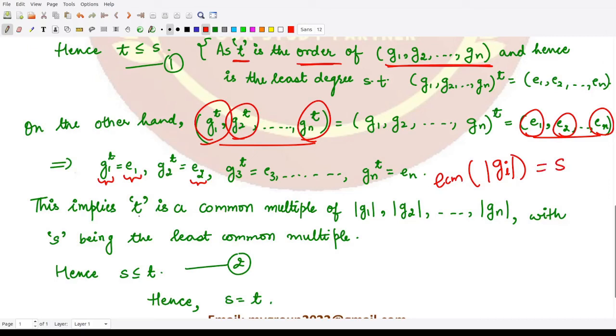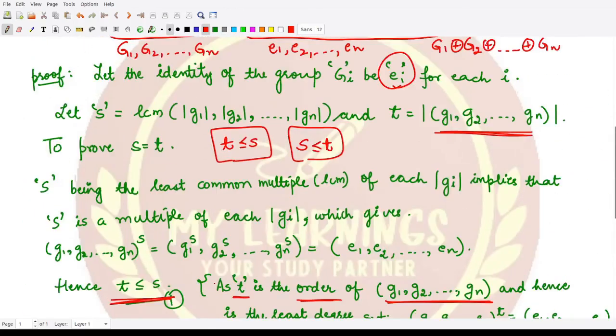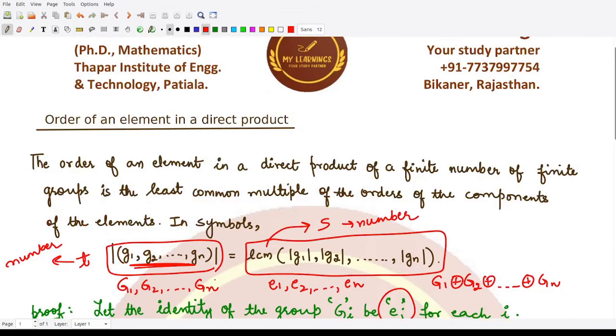And we again have t as some common multiple, and s is the least of all those common multiples. So therefore, s would be less than or equal to t. Right, so let's mark this as equation 2. From equation 1 and from equation 2, we can clearly see that s is equal to t, and this is what we wanted to prove for this theorem.